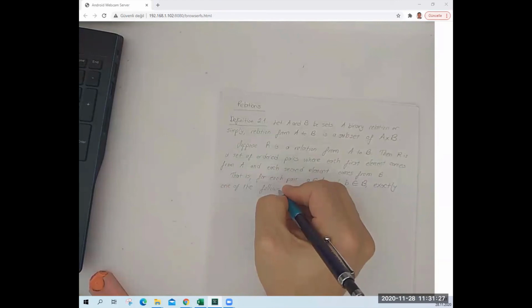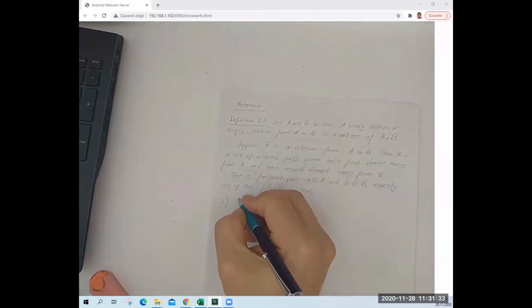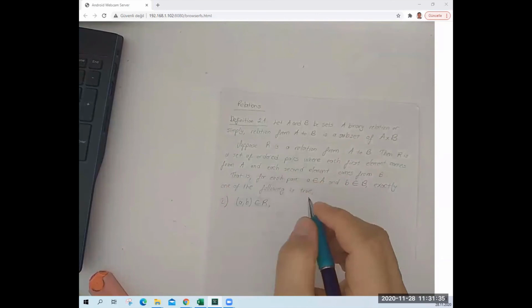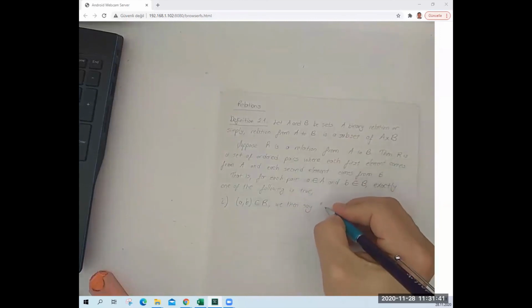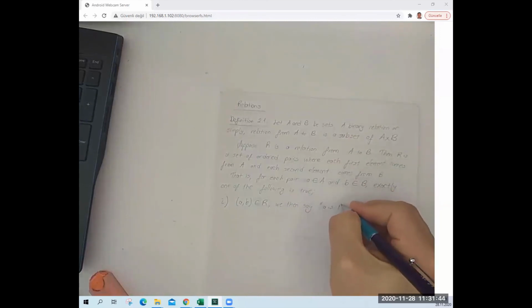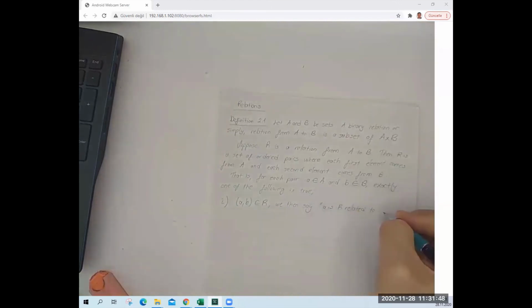So what are those? First one, the pair (a, b) is an element of R as a relation. Then a is R related to b, or we can write a R b.